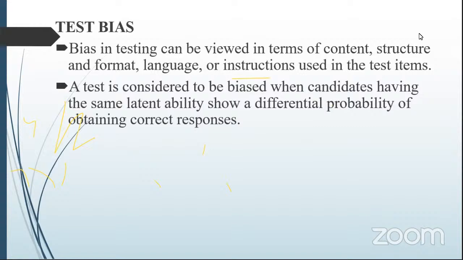obtaining correct responses. Here are the learners who are at the same intellectual level. You give them this test, you are expecting all of them to get 100%, but this one gets lower marks, the other one passes. So we are saying a test is considered to be biased when candidates having the same latent ability show a differential probability of obtaining correct responses.